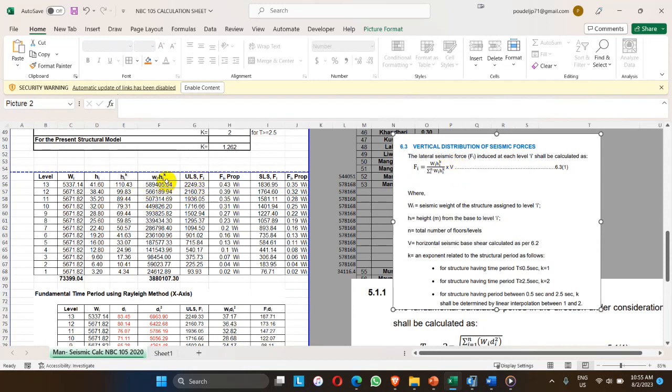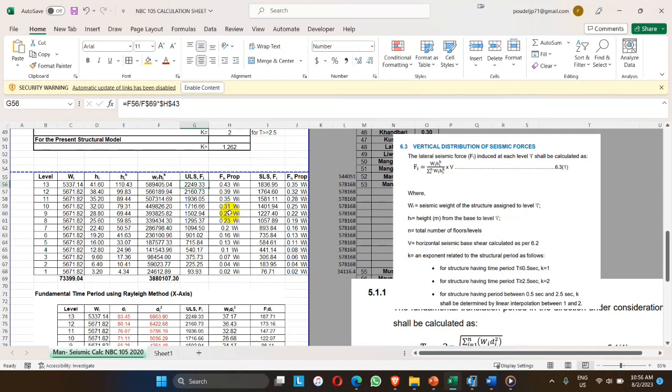Here Wi Hi^k is multiplied by this value, divided by this value, into the base shear obtained in this cell. So these are the story-wise forces.